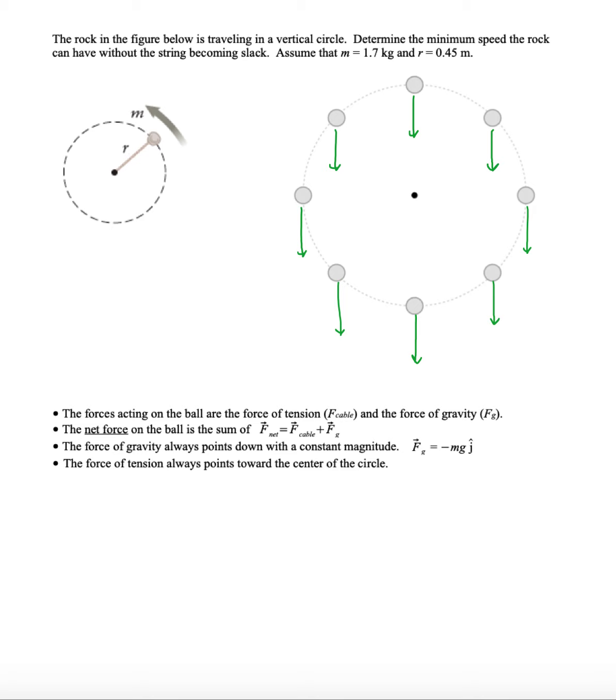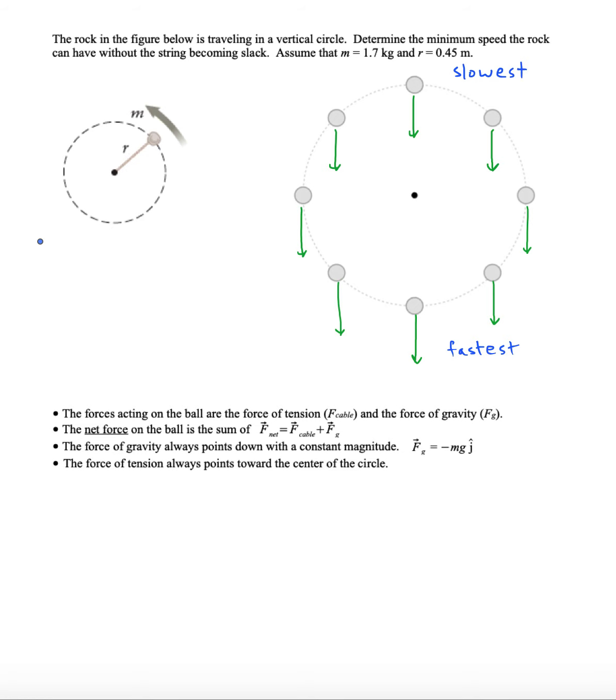And as we've seen in the past, when an object moves up in a gravitational field away from Earth's center, it loses kinetic energy and gains gravitational potential energy. So at the peak, our object is moving the slowest that it will move, and at the bottom, it will be going the fastest.